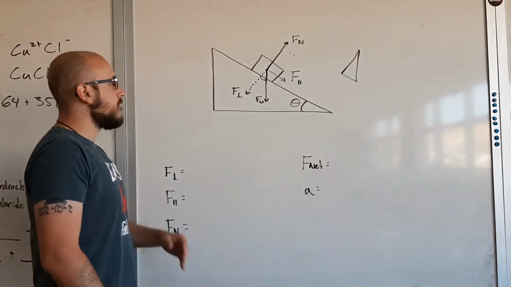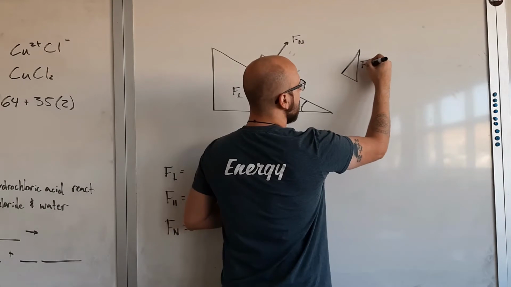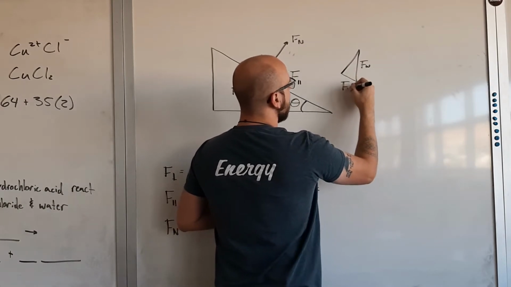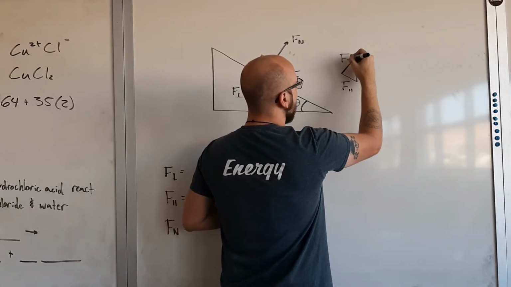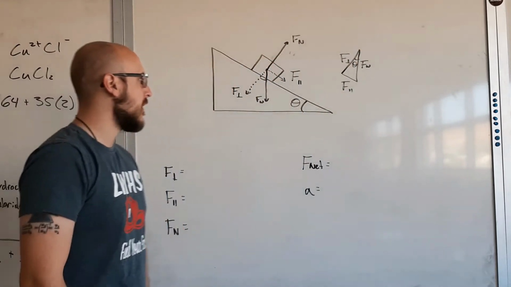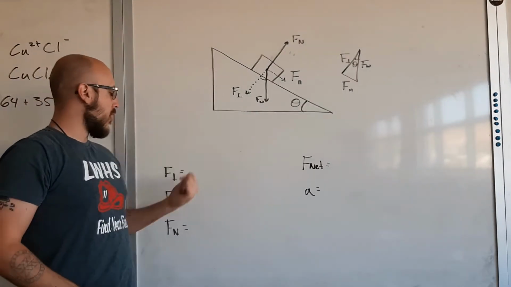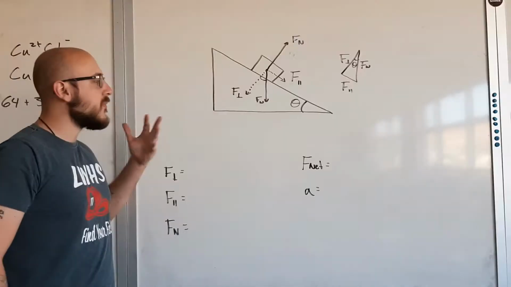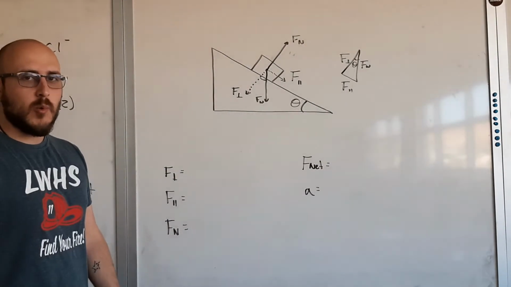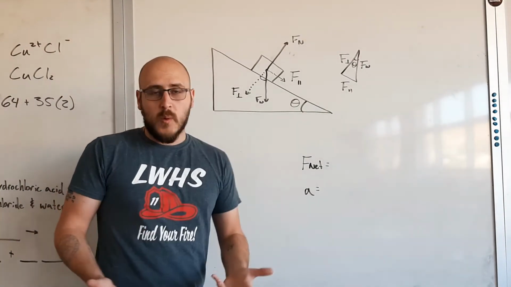Okay? So, let's label our little triangle here. We've got weight on one side. We've got our parallel force on the other side. We've got our perpendicular force on the other one. And we know theta. Let's say that we wanted to find one of these forces. Let's say that we were looking for our perpendicular force, the perpendicular component of our weight. One thing you'll usually have is the weight of the object.